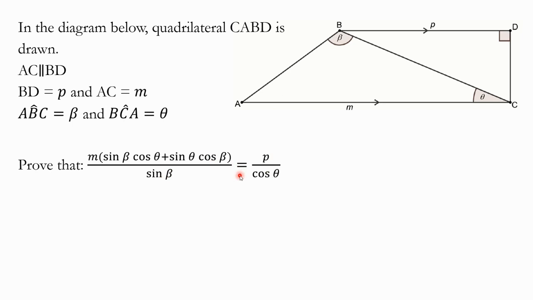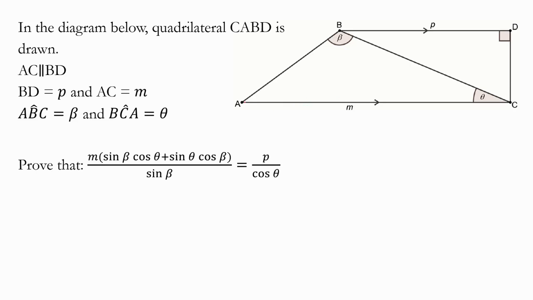So before we start working on this problem, we need to really understand the information that we're given and how we can approach it. We're given this quadrilateral, which is divided into two triangles.